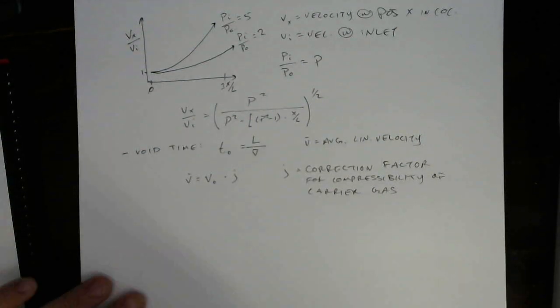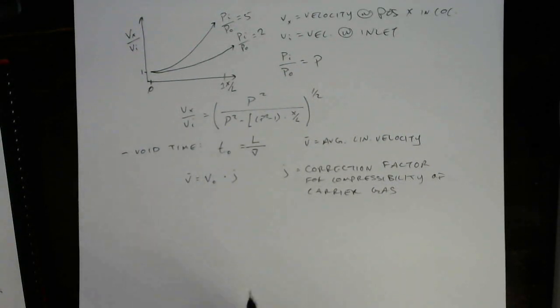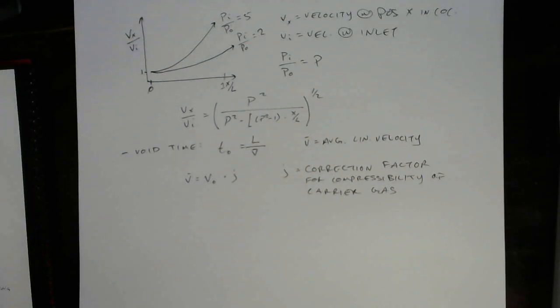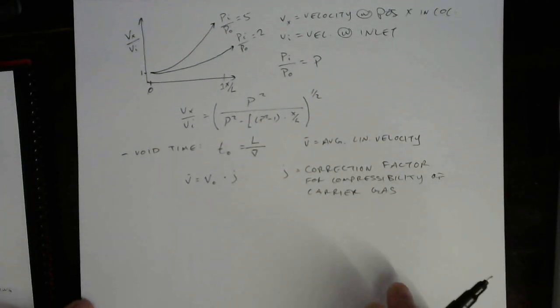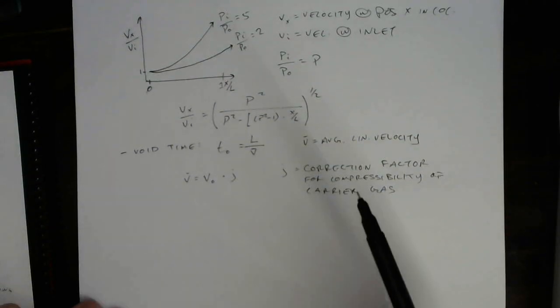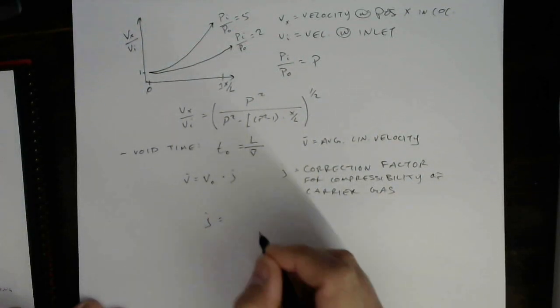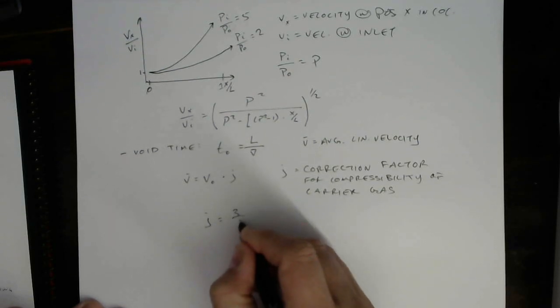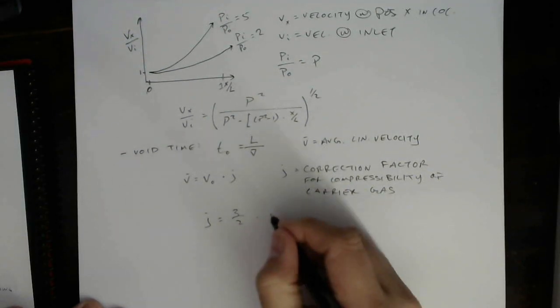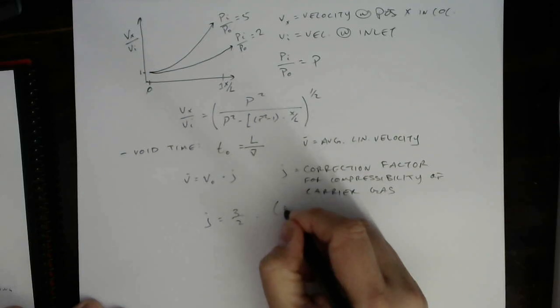Okay, and J is also a term that has been pretty well worked out by a lot of fluid dynamics folks for the cylindrical GC columns, and it looks something like this. J is equal to 3/2 times that pressure term, right?